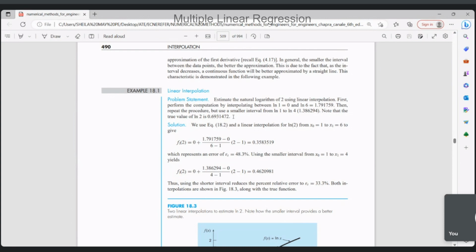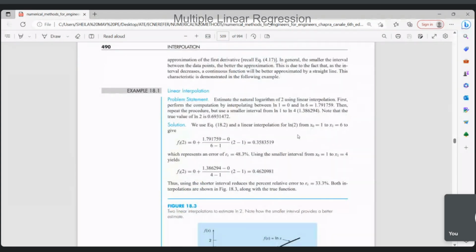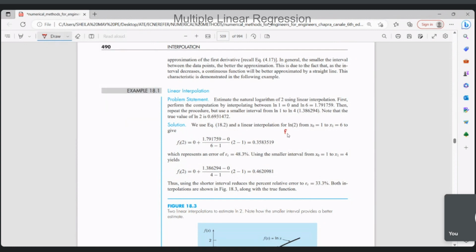to give, isn't it our formula is here. The formula is f1(x) equals function of x sub 0 plus function of x1 minus function of x sub 0, over x1 minus x sub 0, multiplied by x.